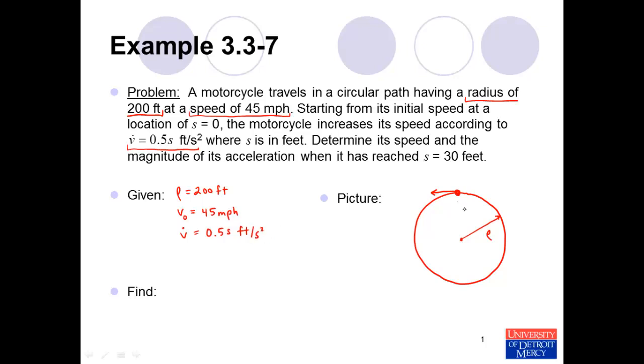So let's imagine that s is our distance around the path. We're told initially that our initial position is 0, and then ultimately we want to find the speed and the magnitude of the motorcycle's acceleration when the motorcycle's reached s equals 30 feet.